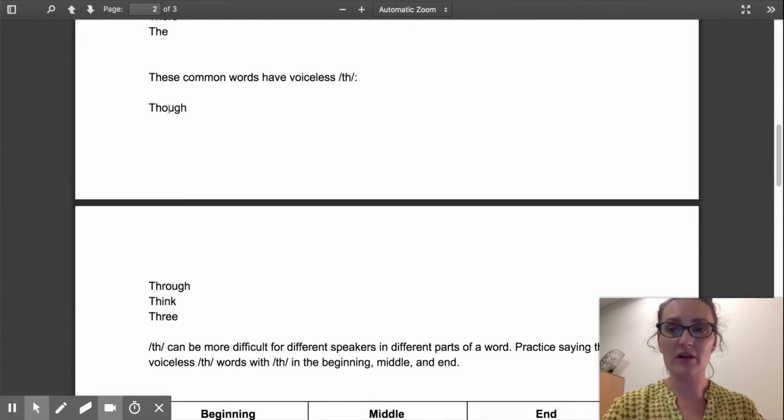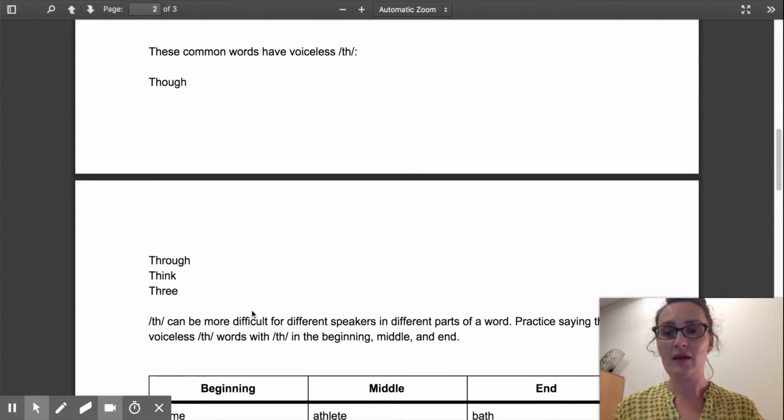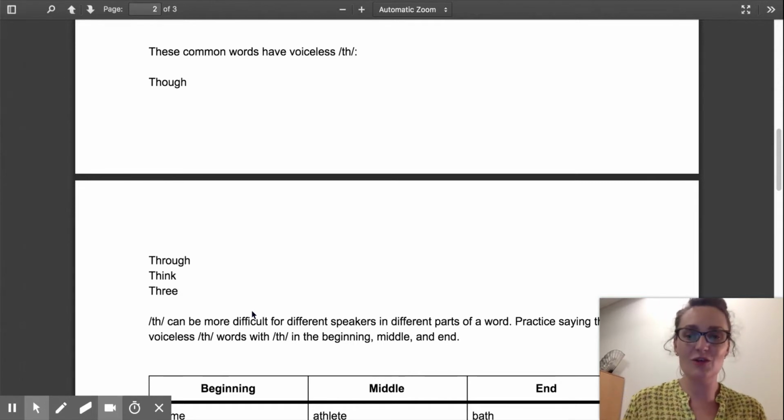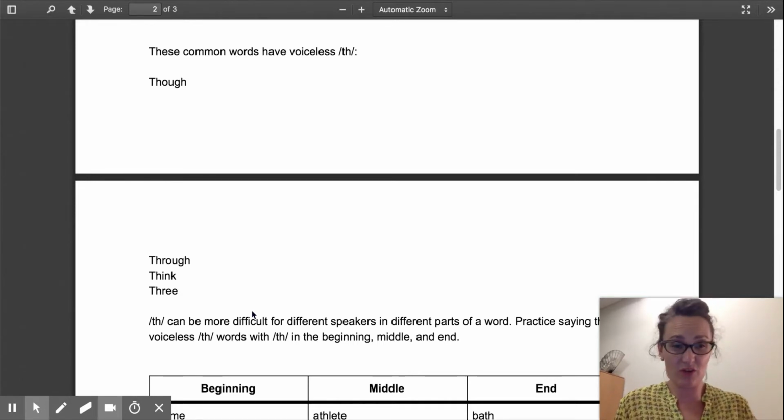This one is actually though. Don't do that one. I have to fix it. Through, think, three. For that one, you don't want any buzz of your voice. You just want, think of it like a snake. It's kind of fun to do, and you can watch yourself and maybe you'll cringe at first, but then it becomes kind of fun.